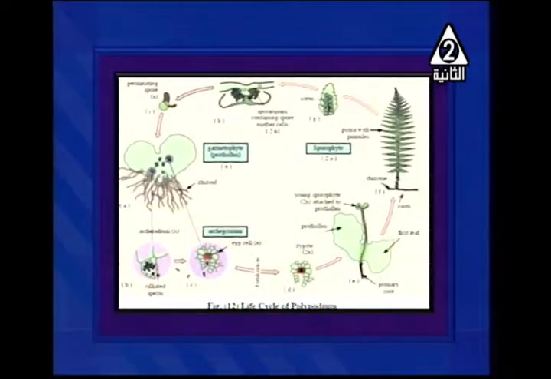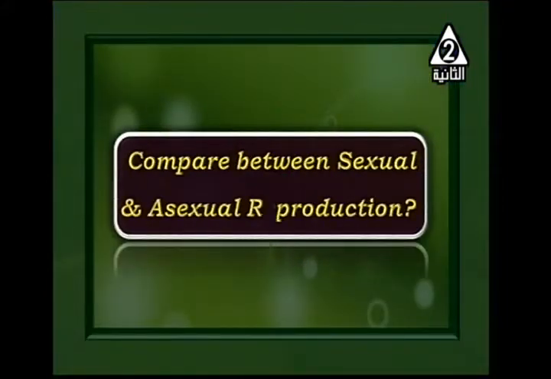So, right now we have studied two life cycles of alternation of generations. One of them is for the plant, which is polypodium, and the last one was for plasmodium, the malaria parasite. Actually, we have some information about alternation of generations.